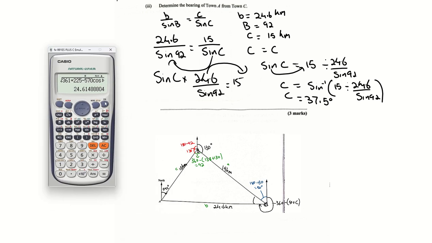Alright, let's use the Casio now. When you're dealing with angles, unless stated otherwise, use degrees. So we have sine inverse. Shift sine to get sine inverse. You already put the bracket, so you don't need to. 15 divided by 24.6. I should put this over. Hold on.